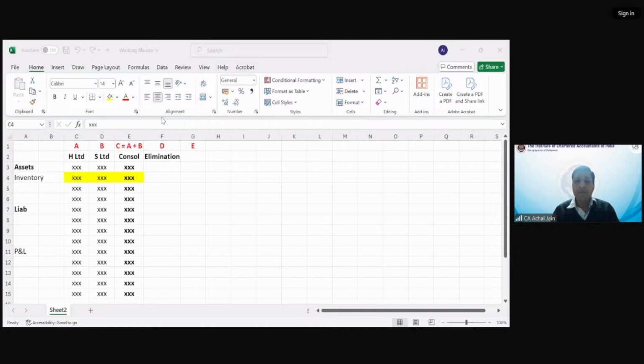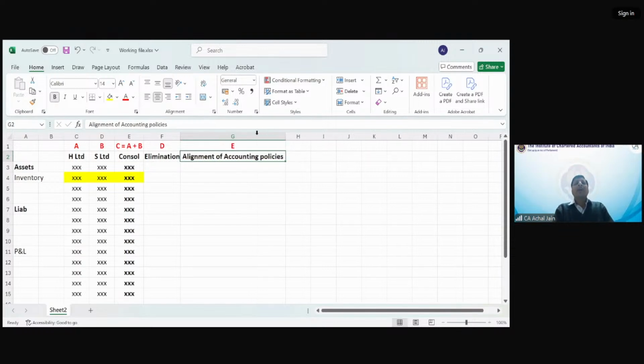Nitin says no. So that's why, what is it that you need to do? There's one more adjustment you are required to make. So let me just call it adjustment 2. So what is that adjustment 2? That will be alignment of accounting policies.